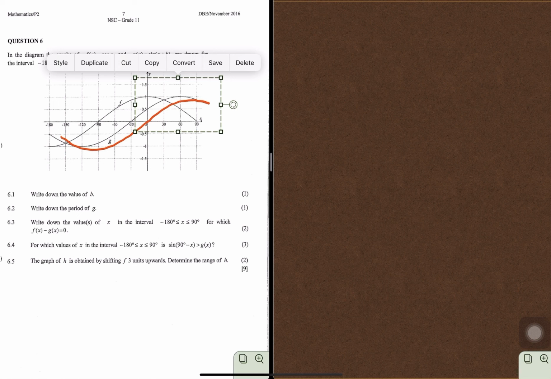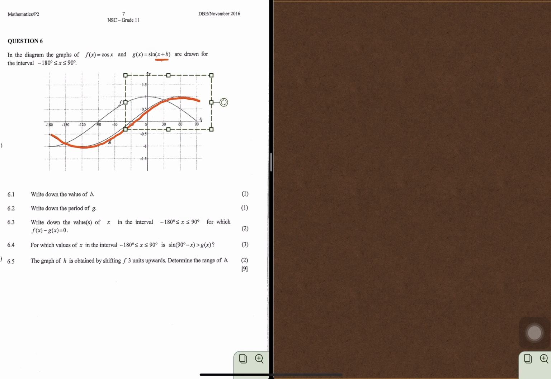So now this graph is shifting to the left of the x-axis by how many units? The units is basically the number that is sitting here, and in this case it is 30 degrees. So that means your b is going to be 30 degrees, and be careful here, because you are shifting to the left, the value of b is going to be positive.